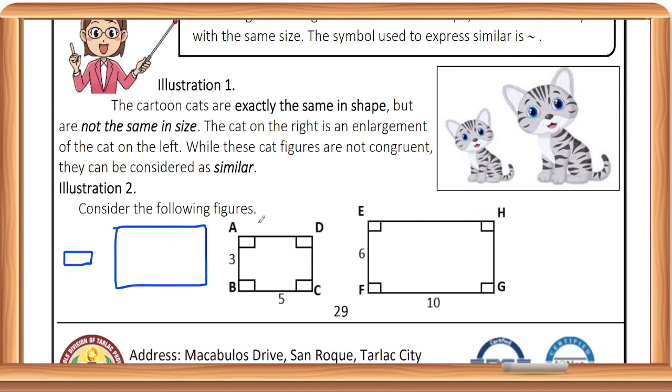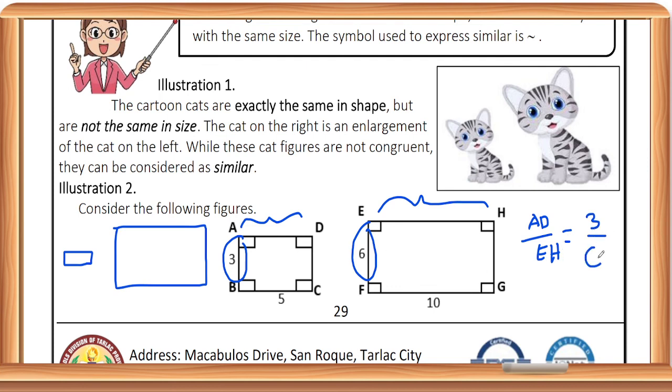So in this case, ang corresponding side ng side AB is this EH, no? Kung kukunin mo yung ratio ng AD over EH, kapag nag-equal siya dito sa corresponding side niya, which is 3 over 6, so 3, corresponding side niya is this one, EF, no?